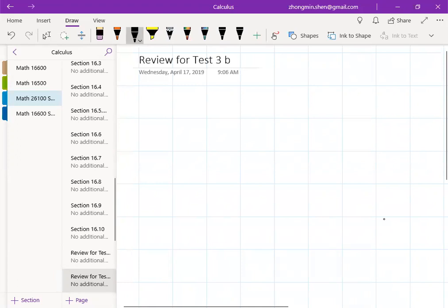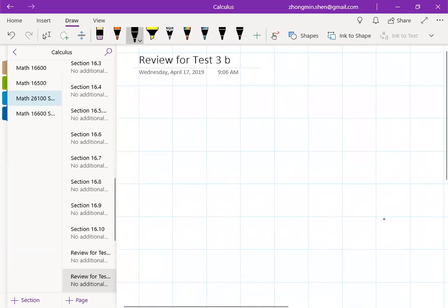For surfaces, we have surface integrals of a function, a function defined on a surface and integrated. In the special case when the function is constant 1, the integral gives you the surface area. Then we focus on the surface integral of a vector field over the surface, which is essentially the integral of a function, because it's the inner product of the vector field with a normal vector.